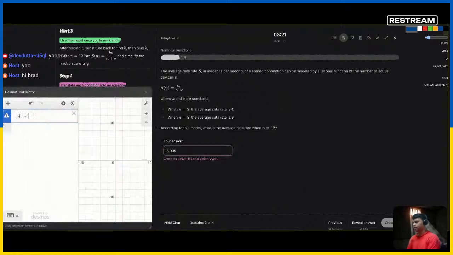So 4, n is 2, that means k times 2, times 2, and 2 plus c.